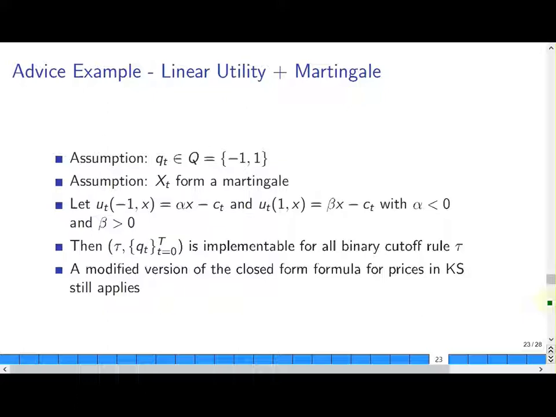So I stated another example here. It's the advice example from before. Suppose we actually have two possible actions after we stop, and also we assume that this Xt is a martingale.